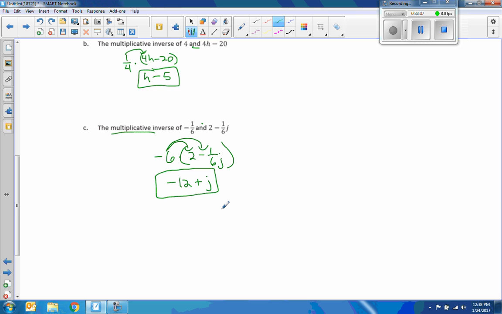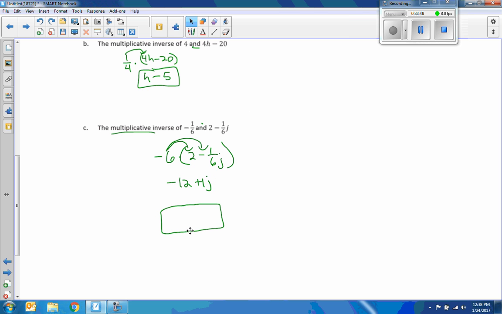Okay? But if you're not comfortable doing that, then put a 1j here and rewrite your answer as negative 12 plus j from your last step. So if you want to show your 1 here, and that's the multiplicative identity here. Okay?